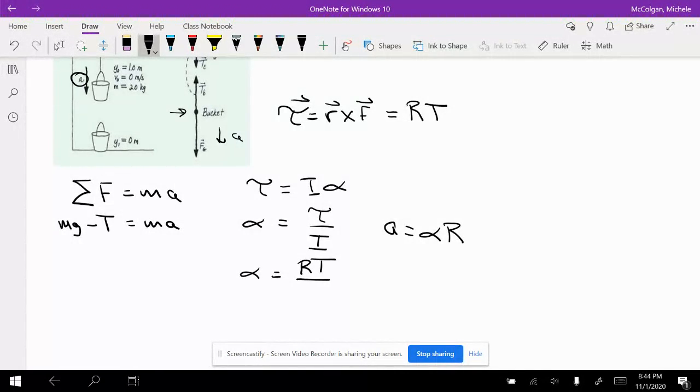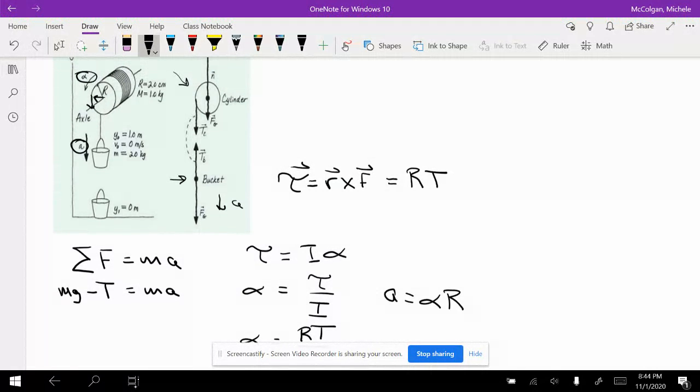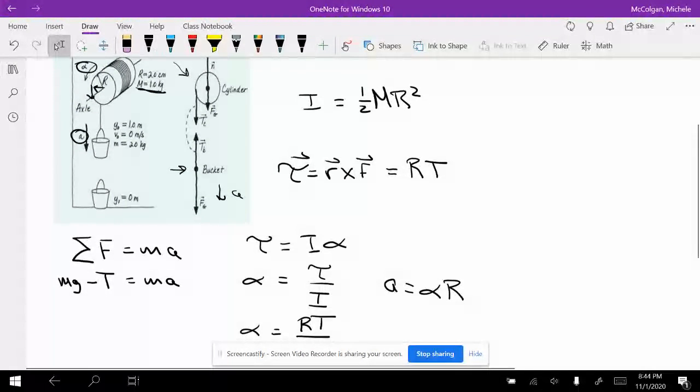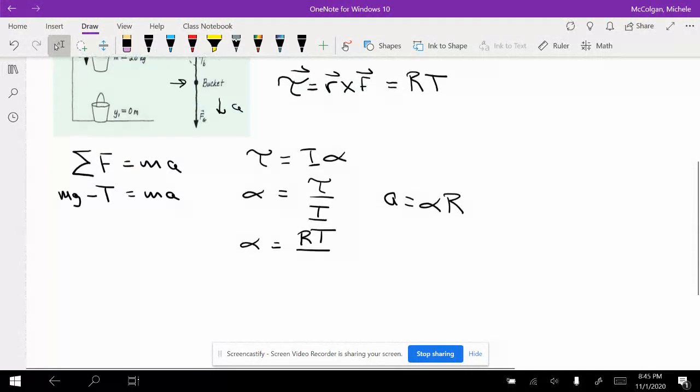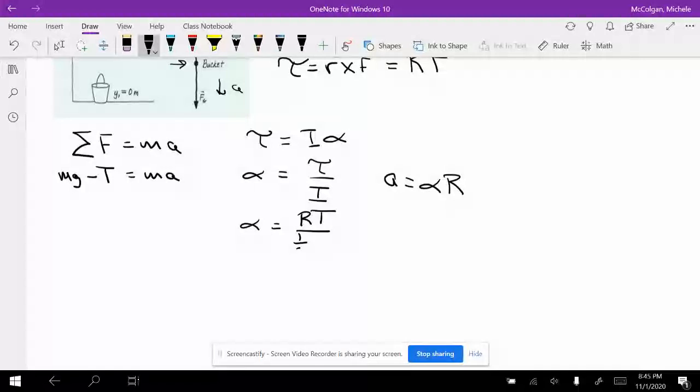And what is I for the cylinder? I is equal to 1/2 capital M R squared. Capital M is the mass of the cylinder, and little m is the mass of the bucket.